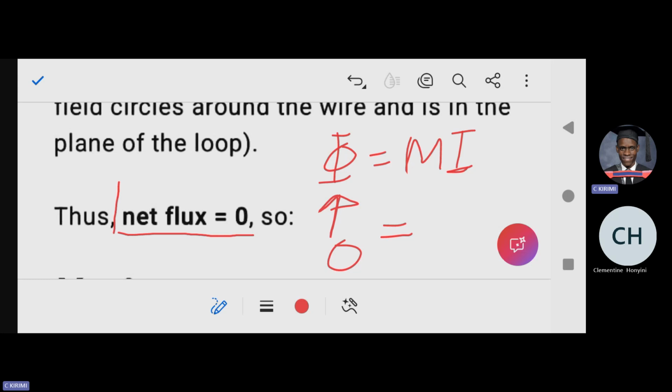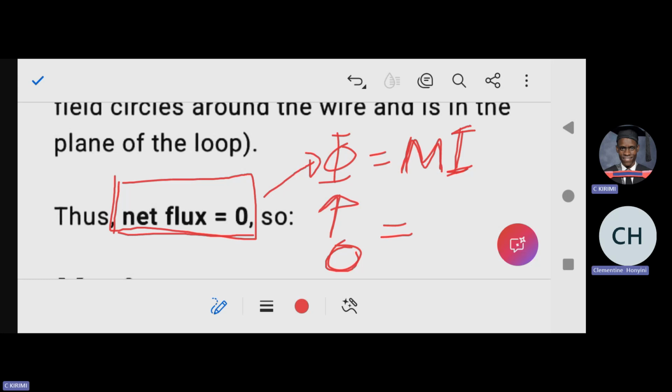So if the left-hand side, where there's the flux, is 0, then 0 equals mutual inductance times the current. But we know that current is not 0. So definitely what could be 0?